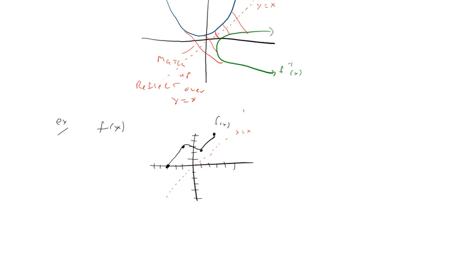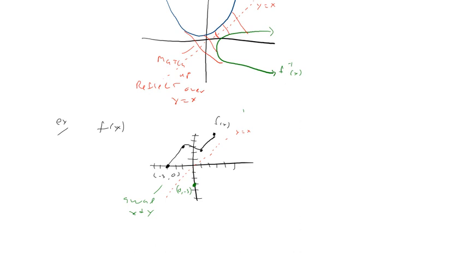Well, to find out, I can look at every single point. This location is -3, 0, and I just have to swap x and y. So my new point is 0, -3, right here. This one is -1, 3.